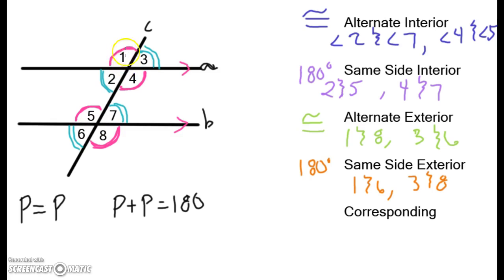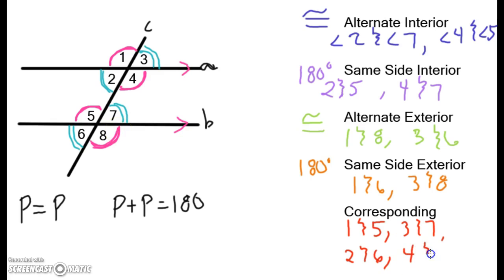So like 1 is on the top left of this intersection, and 5 is on the top left of this intersection. So corresponding angles are like 1 and 5. 3 is on the top right, and 7 is on the top right. So we'd have 3 and 7. 2 is on the bottom left, and 6 is on the bottom left. So 2 and 6. And then the last set would be 4 and 8.